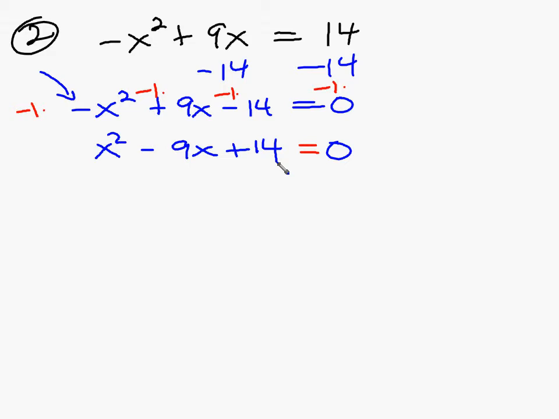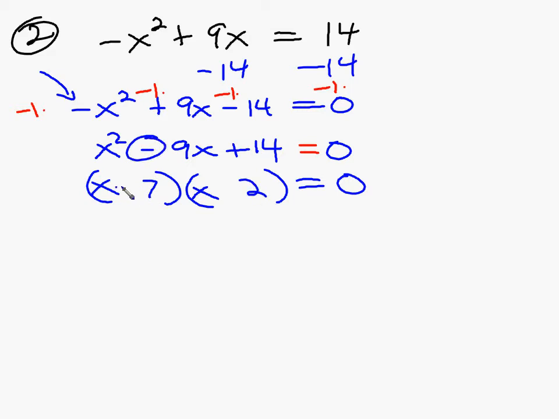We should not need to do product sum on this one. We should be able to just go straight to backwards FOIL and factor this one without it. All I need is 2 things that multiply to give me 14 and add up to be 9. Since this is a negative, these are both minuses. That's a plus. So this one's easy once we get it in the right format.